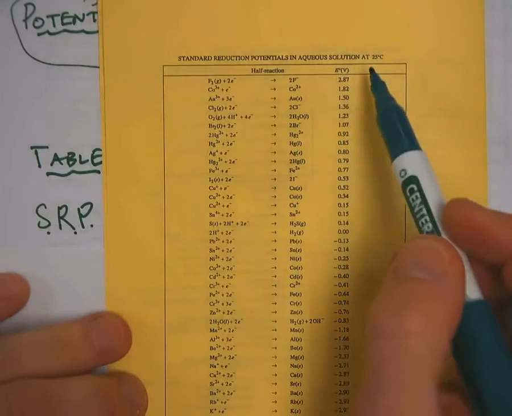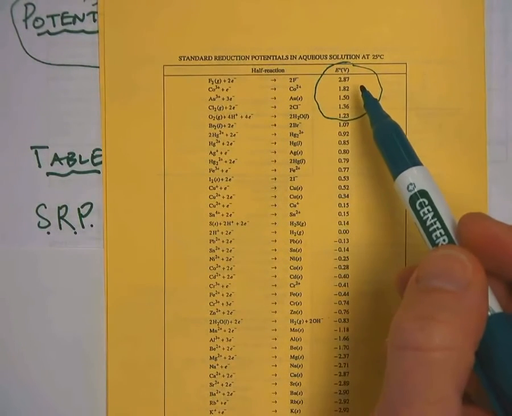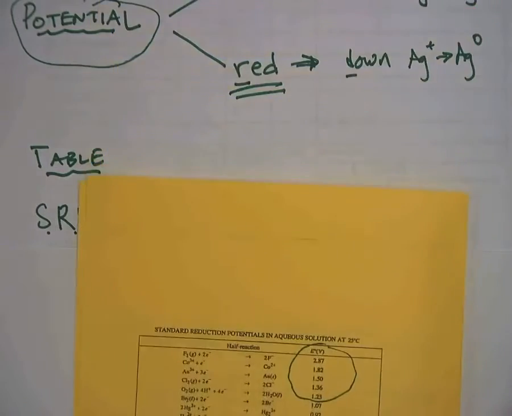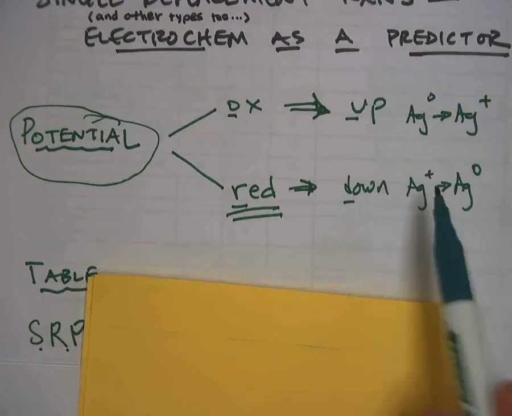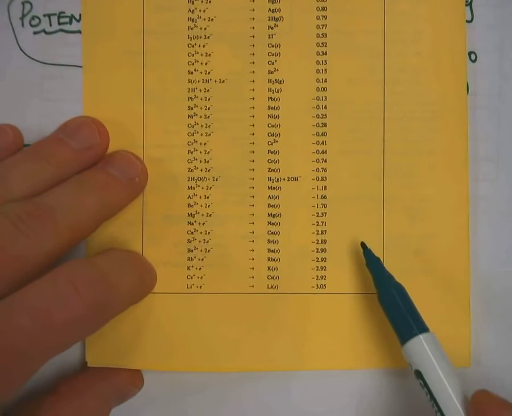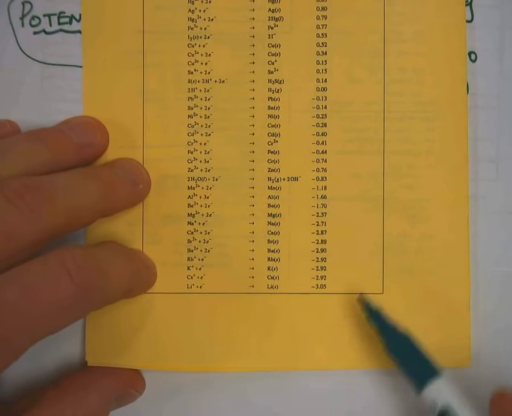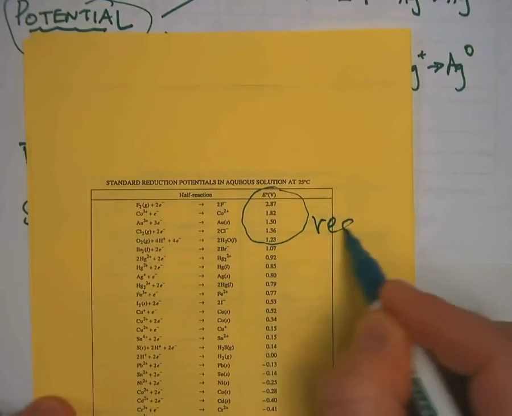The things way up here at the top have really high standard reduction potential, and so they're going to undergo reduction, being lowered in charge. Things way down here at the bottom have a very negative reduction potential, meaning that they're most likely going to be oxidized. These things will be reduced. These things will most likely be oxidized.